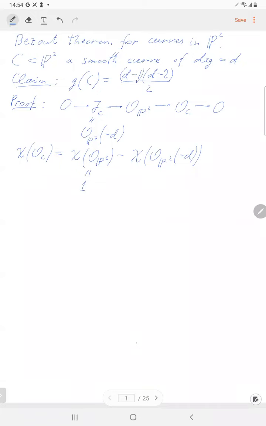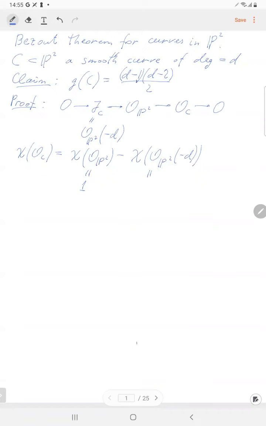and this can be computed straightforwardly, because you remember that for an invertible sheaf, you only have either the zeroth cohomology, and it's some polynomial space, polynomials of degree d, if d is positive, or else if d is negative, then you can only have the top, that is second cohomology, and it is again some polynomials, but of degree minus d minus 3 in this case. Maybe remember we had this a month ago.